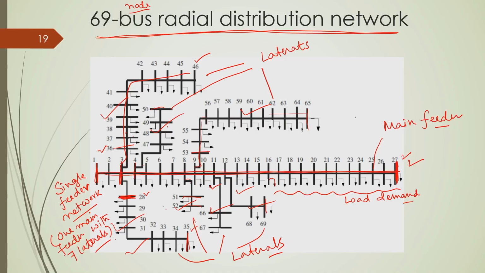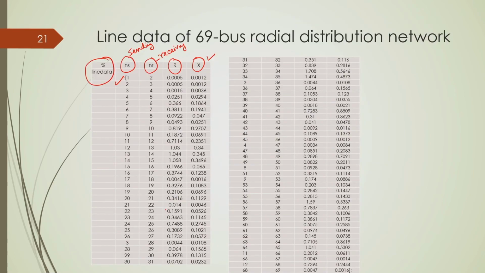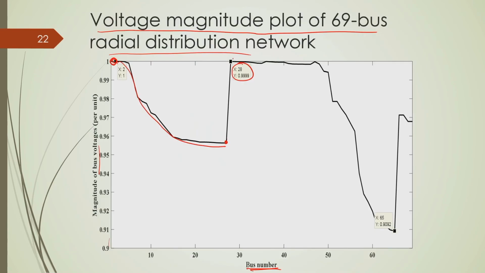So, if we subtract these line drops, node 27 will give a very small voltage, whereas node number 28 is closer to the substation. So, its voltage is higher than 27, and that is why there is a sudden increase here. Okay.